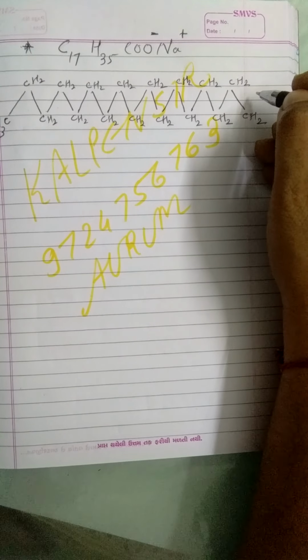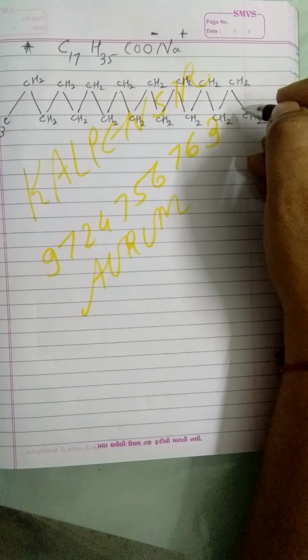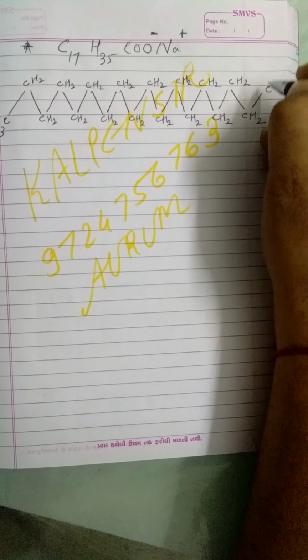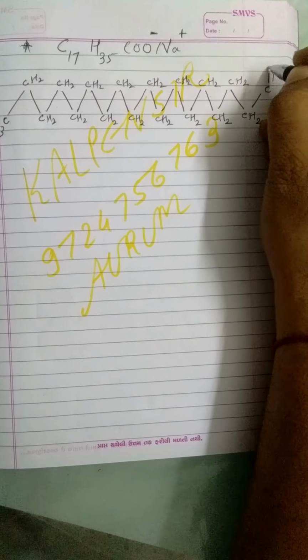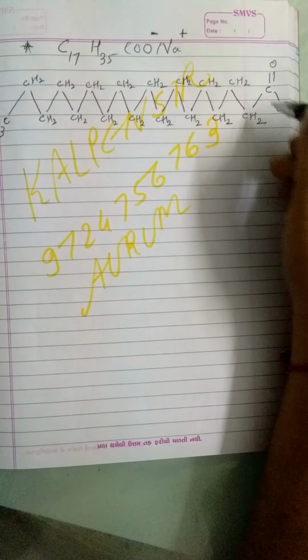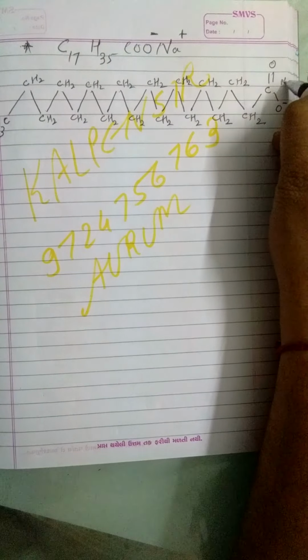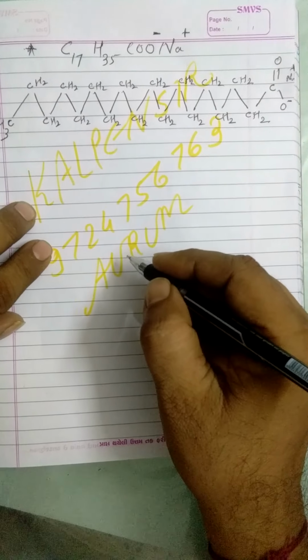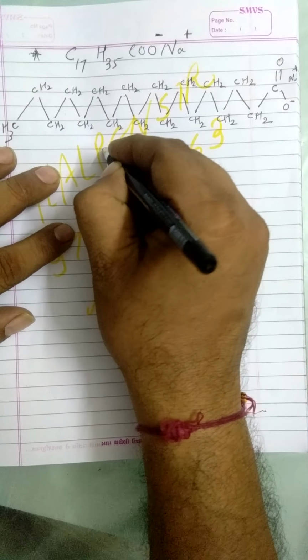At last, here is a carbon atom attached with double bond O and O minus, COO, and Na plus. This is sodium stearate soap.